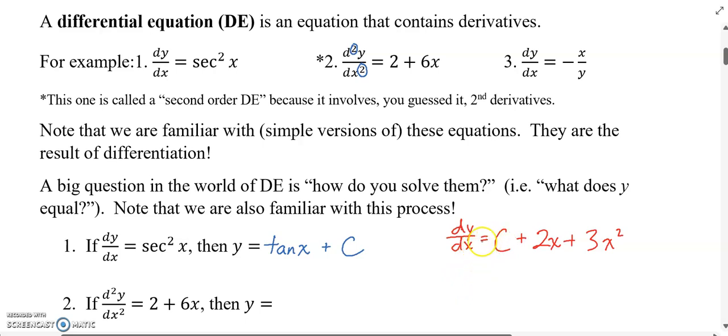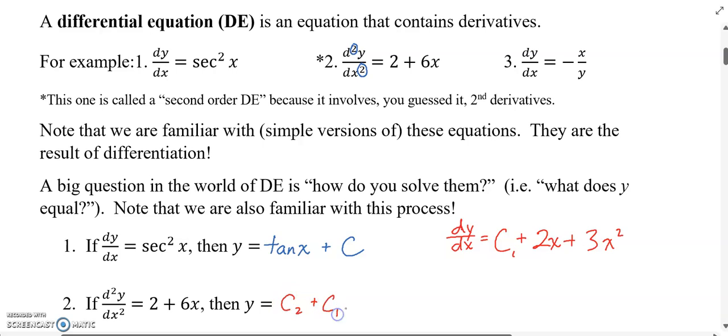Now, this is still a differential equation, so if we're going to try to solve it, we still need to take the antiderivative one more time. So we're going to have a second constant of integration. I'm going to go ahead and call this C1 in anticipation of a second constant of integration, namely C2.